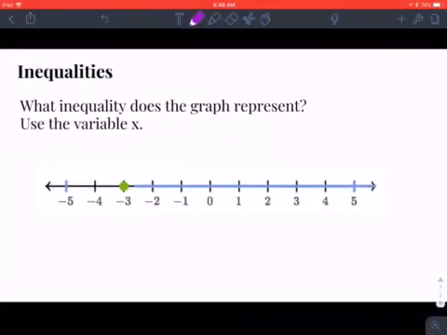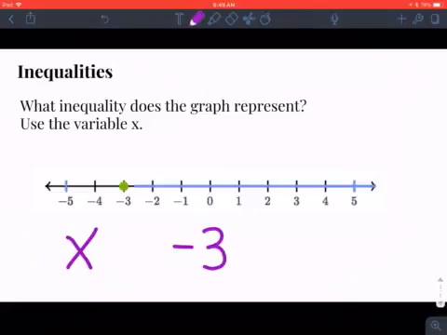All right, so now we're going to do the opposite. We have an inequality graphed for us, and we need to say what it is. So we're going to use the variable x. So my boundary point is right here on negative 3. So we have x and negative 3 that we're going to be working with, and we have to figure out what symbol goes on the inside.